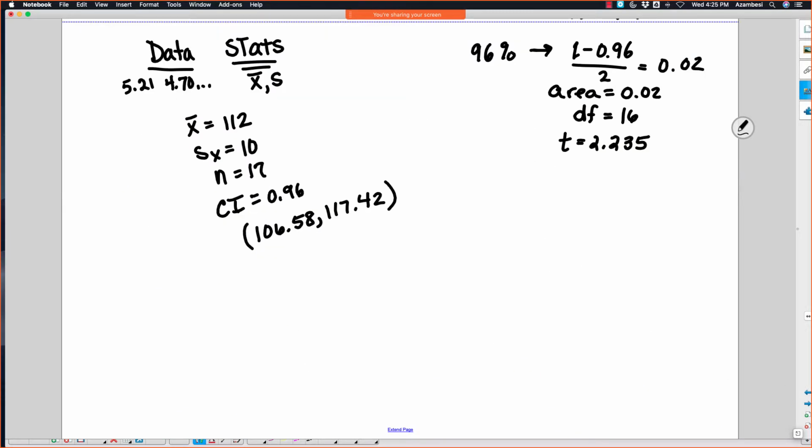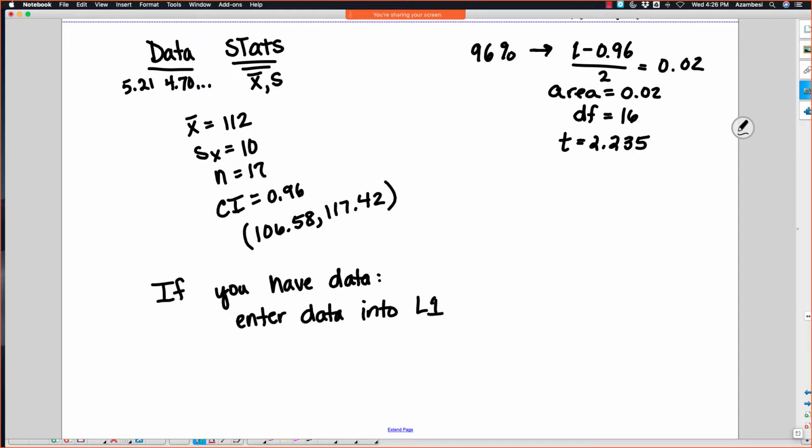So if you have data, enter your data into L1. And then when you go to your t interval, choose data.